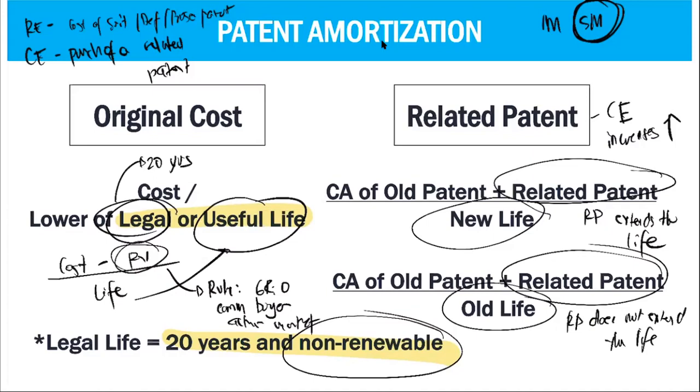Okay? So you use the new life only if the related patent purchase extends the life, and you use the old life if it does not. So we already discussed the necessary rules on your patent.